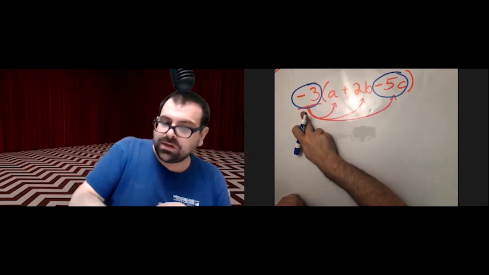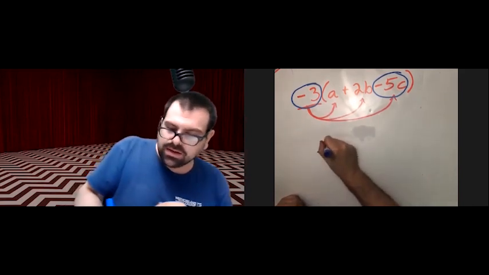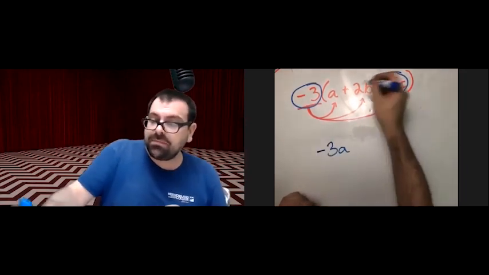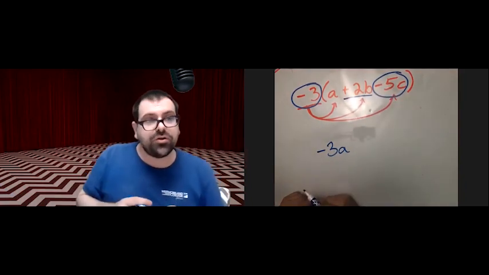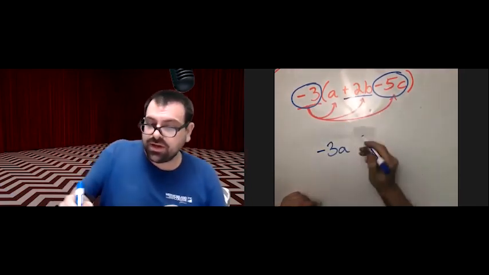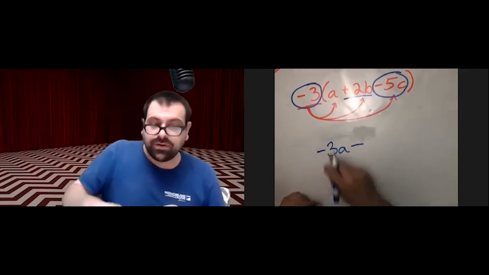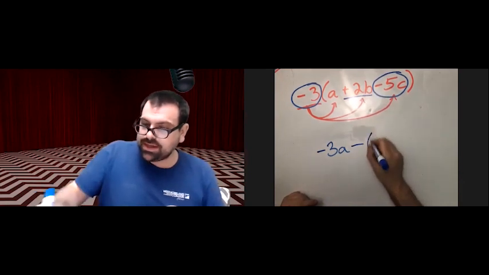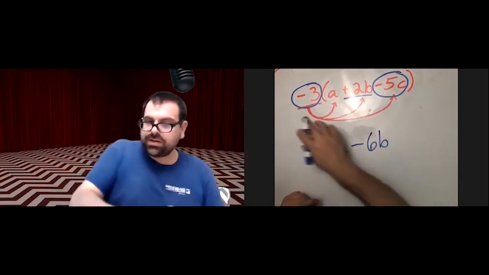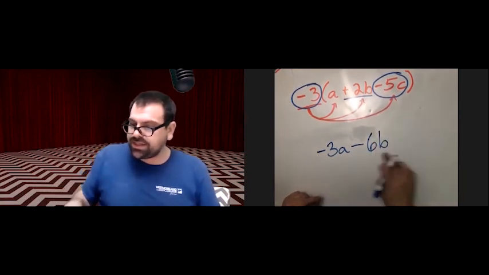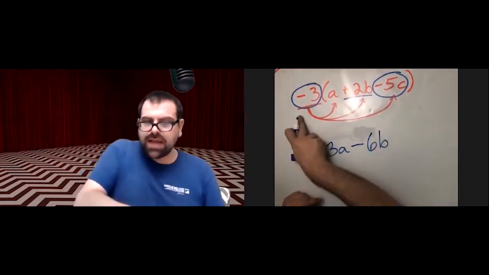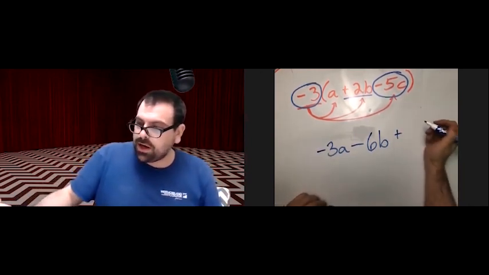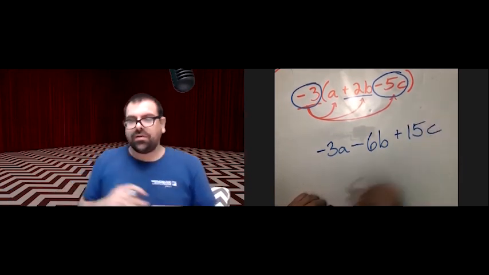Let's do this work. -3 times A is -3A. -3 times positive 2B, negative times positive is negative. 3 times 2 is 6, and we have a B. -3 times 2B is -6B. -3 times -5C is positive 15C.